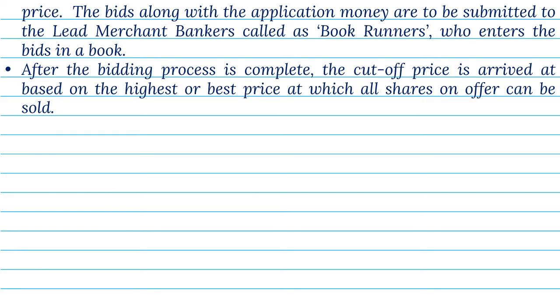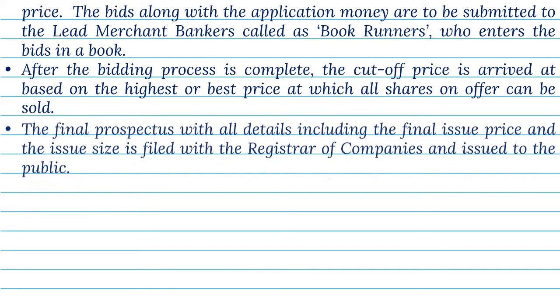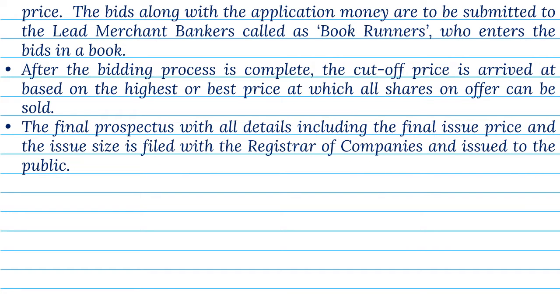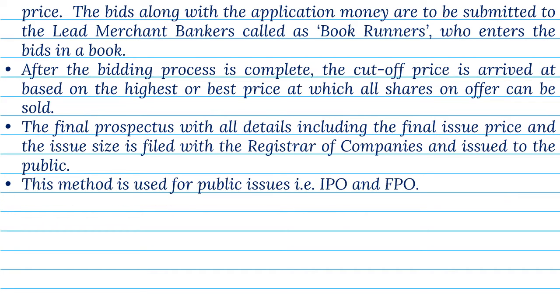After the bidding process is complete, the cut-off price is arrived at, based on the highest or best price, at which all shares on offer can be sold. The final prospectus, with all details, including the final issue price and the issue size, is filed with the Registrar of Companies and issued to the public. This method is used for public issues, that is IPO and FPO.